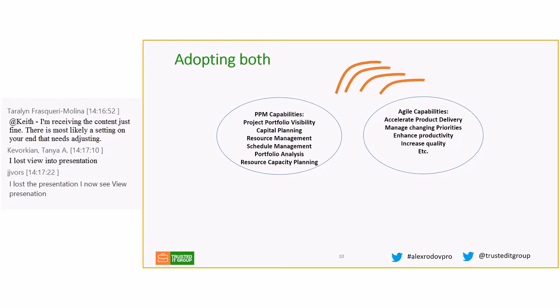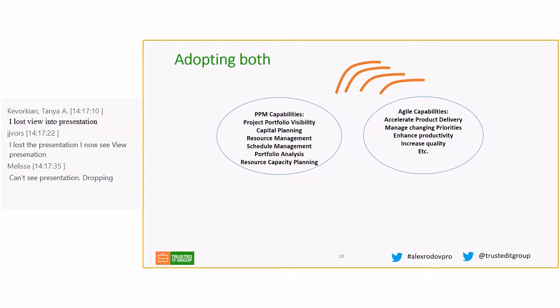So the PPM capabilities: project portfolio visibility, capital planning, resource management. Arguably, it's a challenge for any agile environment to do resource management or schedule management, portfolio analysis, resource capacity planning. So these are the fundamentals of the waterfall side.